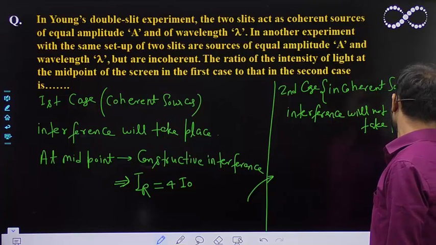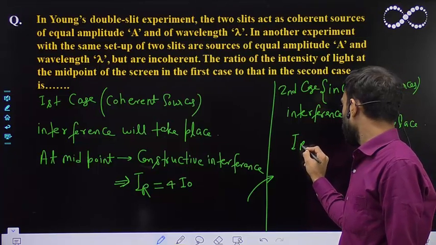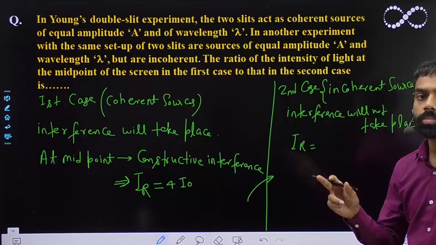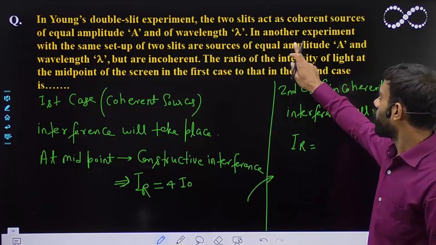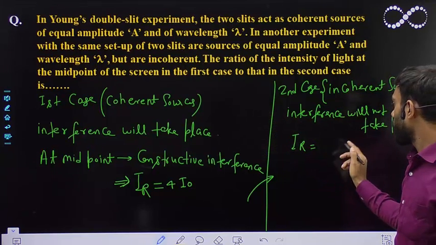So the resultant intensity will be simply the sum of the intensities due to both slits. Due to one slit the intensity is I naught, due to the other slit the intensity is I naught, so it will be simply the summation of these.